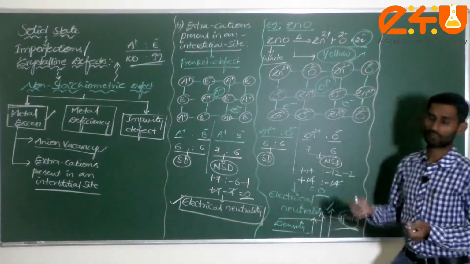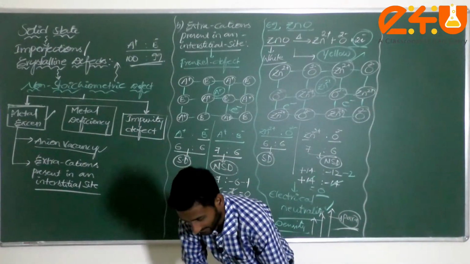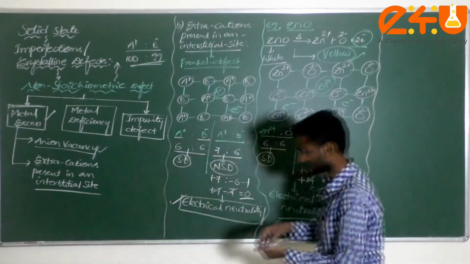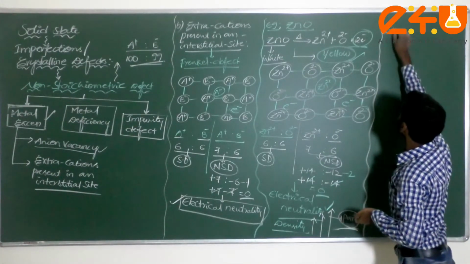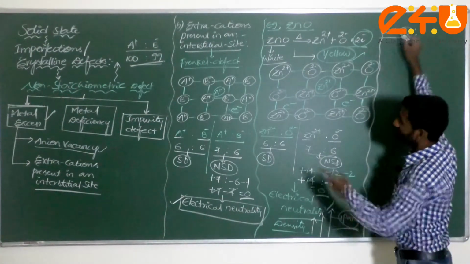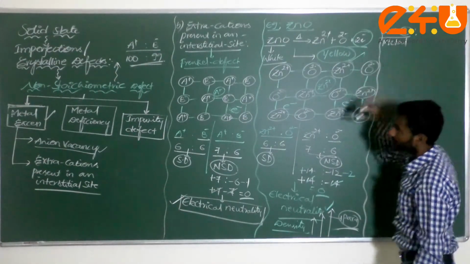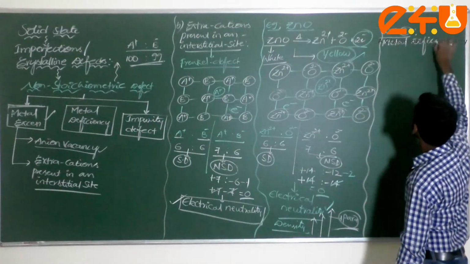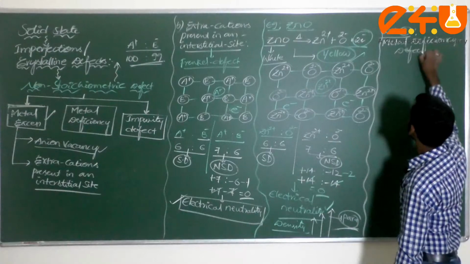Next one, very small only, metal deficiency. The third one comes under, dear student, metal deficiency. In that metal deficiency, what are the things that will come here? Second one, case 2. Everything earlier comes under case 1. Metal deficiency defect.